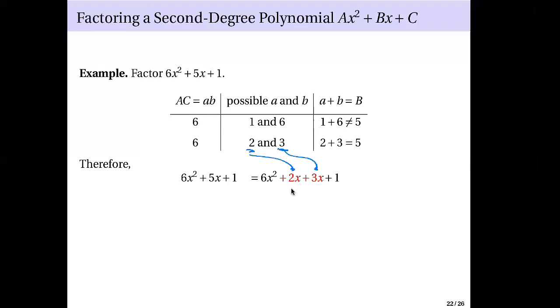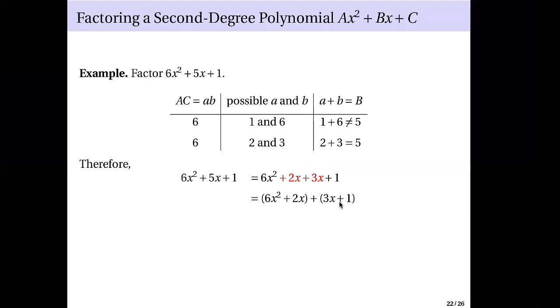And now we can do the grouping. We can group 6x squared and 2x, and another group 3x plus 1. So that we will have 6x squared plus 2x plus 3x plus 1. If we look at this group, 2 is a common factor of 6 and 2. X is also a common factor of x squared and x.